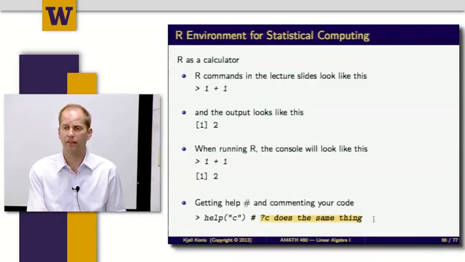You won't do this so often in the console, but if you're making a script file that you're going to cut and paste in the console, you might want to leave yourself messages for what each line of that script is doing. Here my message is saying that the question mark C is going to do the same thing as saying help and then giving it the argument C. So I can do help C, and that'll give me the help page for the C function, or I can do question mark C, and that'll give me the same thing.